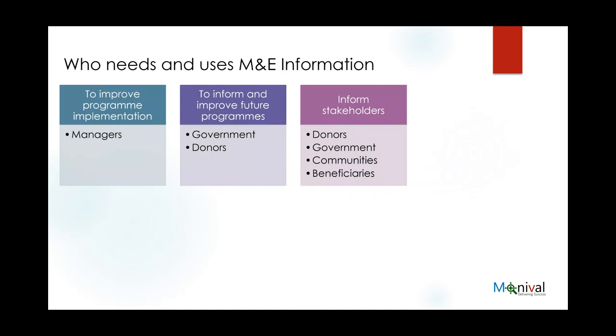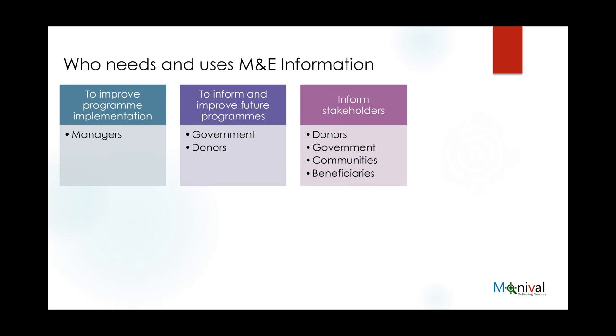So who are the people who need and use the M&E information? We can look into government and donors, who tend to use the information to inform and improve future programs. Let's say how a certain project proceeded.